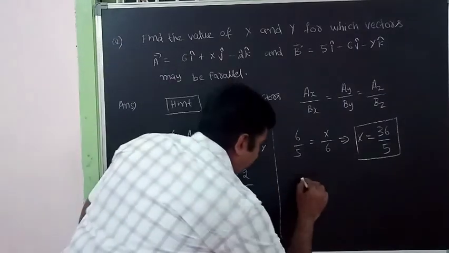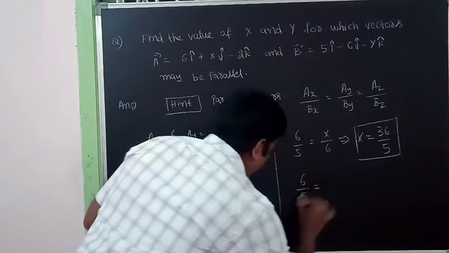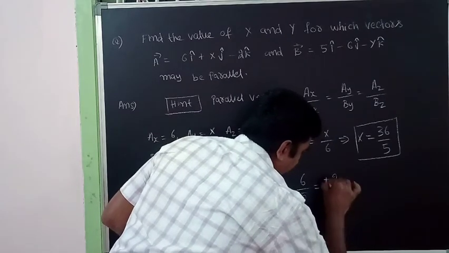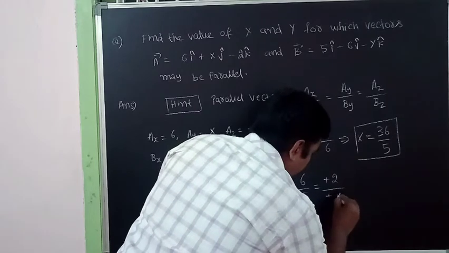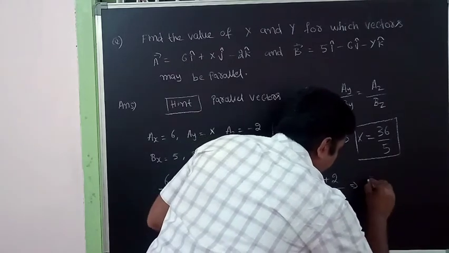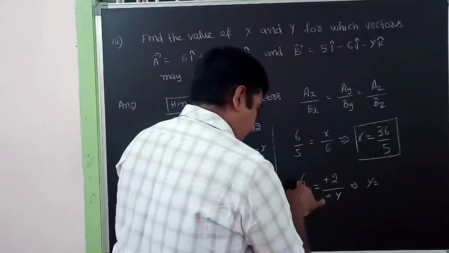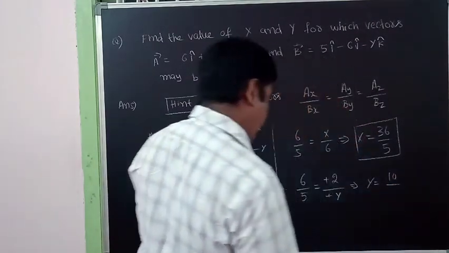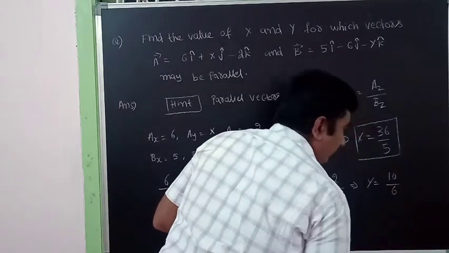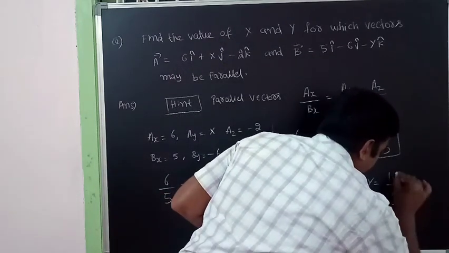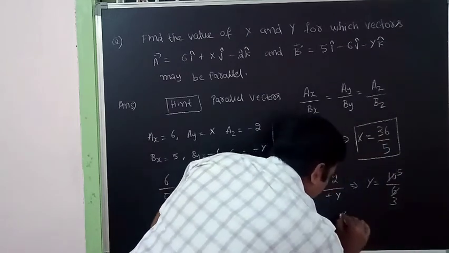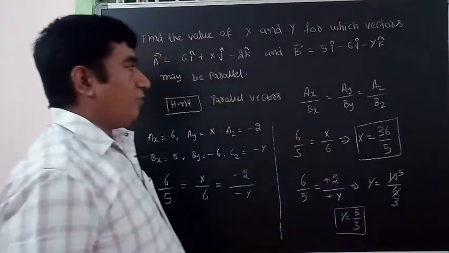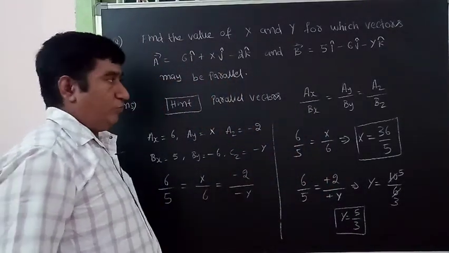So 6 by 5 is equal to -2 by -y, so this will be plus. I need to find the value of y. By cross multiplication, y is equal to 10 by 6, which I can write as 5 by 3. In this way we can find the x and y values.